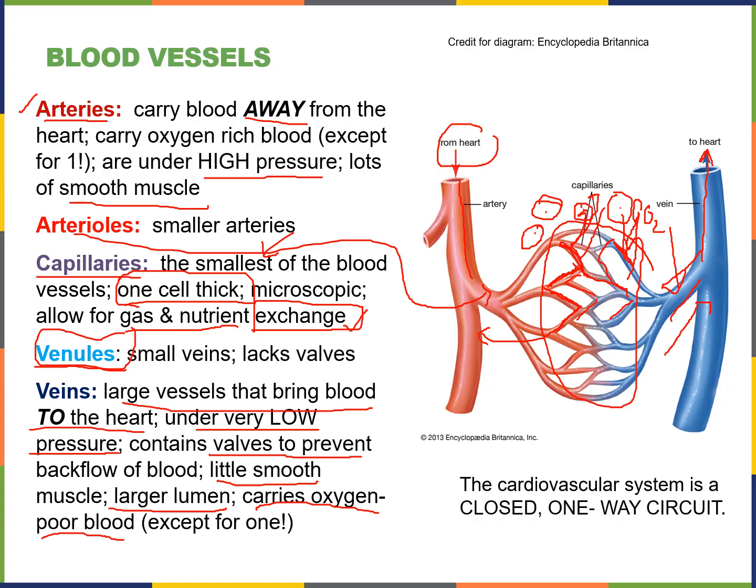So if we think of the heart, if I do a little heart diagram here, and we think of how blood is flowing from the heart, it would be blood comes out of the heart, first flows to an artery, then it will flow into an arteriole, then it will flow into a capillary bed, so capillaries drained by venules, and venules send all that blood to veins, big veins, which send it back to the heart. So that's the path of blood flow from the heart and to the heart.